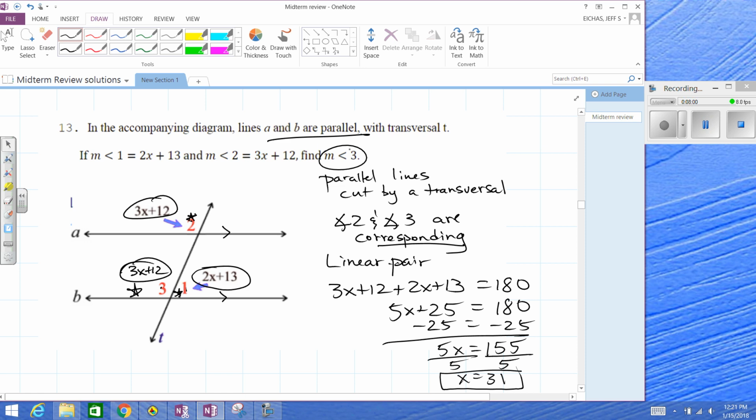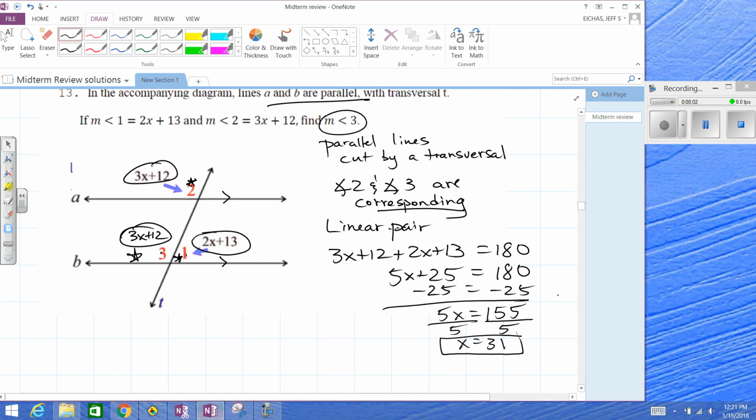Sorry. Yeah, be careful. Make sure we actually solve the problem they want. So they want the measure of angle 3. So now we're going to take 3x plus 12, plug it in. 93 plus 12 looks like 105. Yeah, 105. Okay.